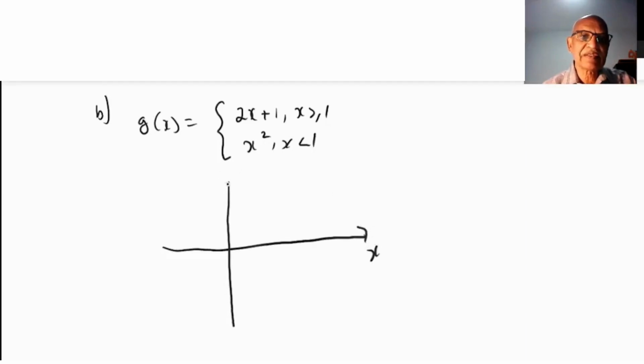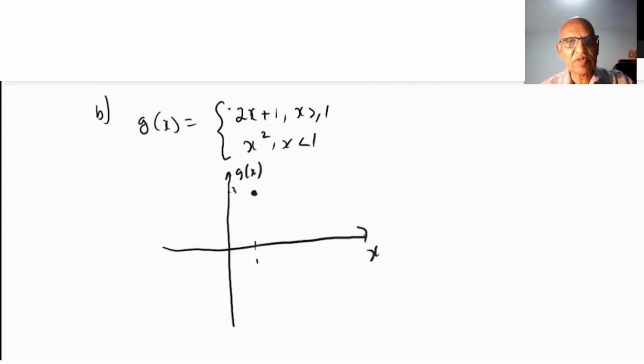This is x, this is g(x). The first graph is linear, so the y-intercept is 1. If x is 1, then 2 times 1 is 2, plus 1 is 3. If x is 1, my starting point will be 3. So it's inclusive, so this is (1, 3). x is greater than 1, therefore it should go this way.